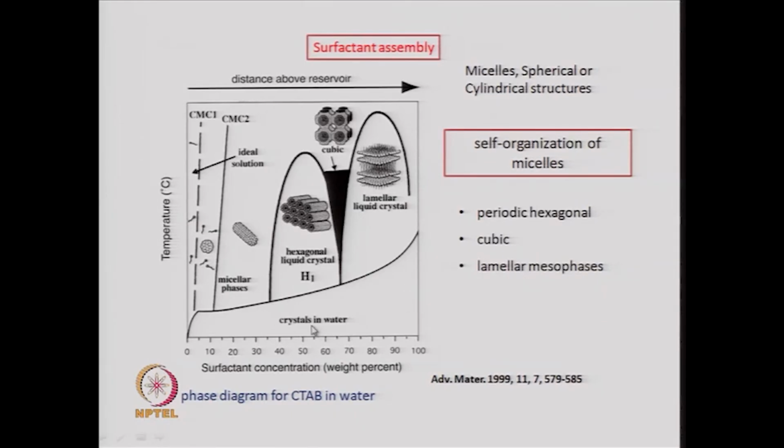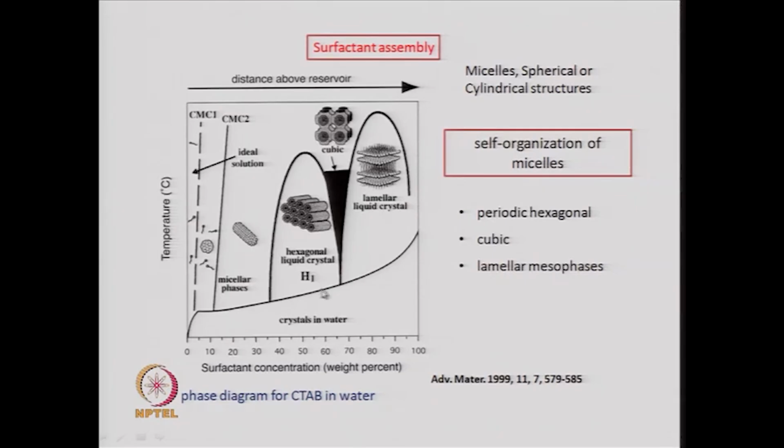At low temperature you will get crystals in water, but at high temperature and high concentration of surfactant you will get lamellar phases. So, this kind of a picture or a diagram shows you what kind of aggregates you will get depending on the concentration of surfactant that you have and the temperature at which you are working.